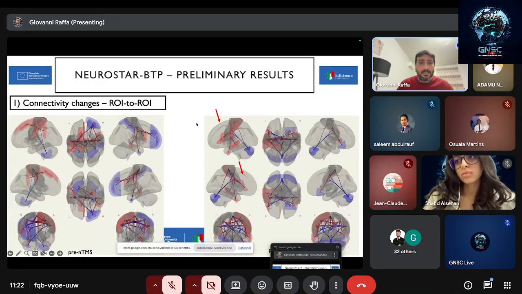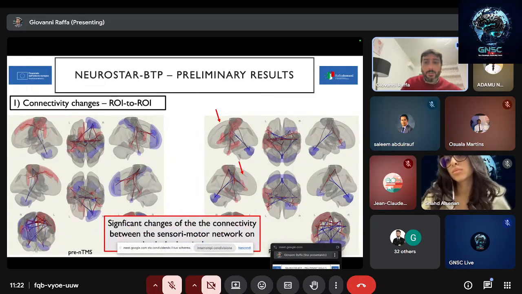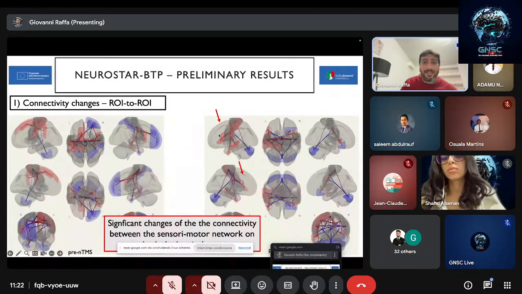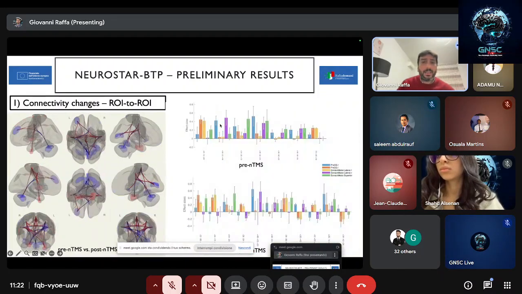This is another analysis of connectivity, the ROI to ROI connectivity changes, that is again reduced after our stimulation. You can see here the SMA that is no more red because there is a reduction of the connectivity. And this is an analysis of the connectivity between different brain areas and the peritumoral area. You can see pre and post stimulation.